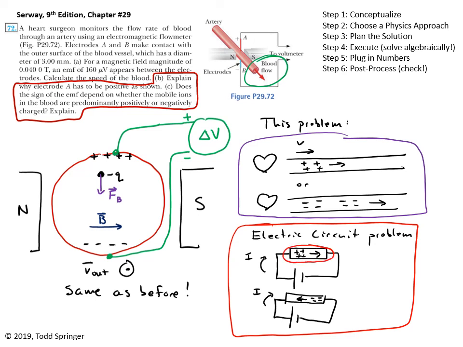But if the charges are negative, if the current is flowing to the right, the charges will be flowing to the left. So in an electric circuit problem, because the charge is flowing because of an electric potential difference, or an electric field, if I change the sign of the charges, I also change the direction of the flow of the charges. And that's why this problem is different from a circuit problem, and that's why in this problem you can't tell the difference between plus and minus, but in an electric circuit problem you can.